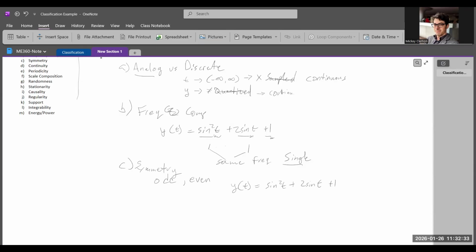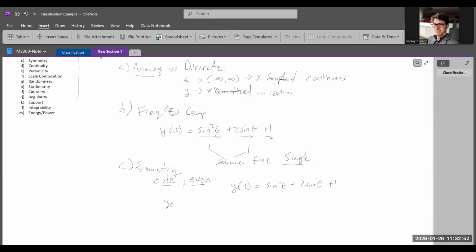It's not obvious just looking at this whether it is odd or even, and in fact, we will decompose it into its even components and its odd components. Signals can be deconstructed into even and odd components if they are not themselves obviously even or odd on face value. So let's go ahead and do that.